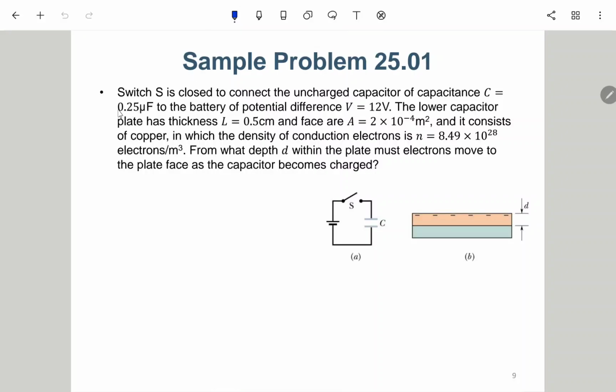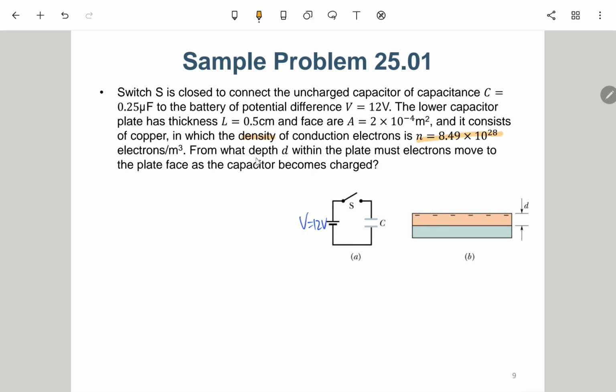Okay, so this is a 0.25 microfarad capacitor connected to a battery of potential difference V equals 12 volt. The lower capacitor plate has thickness L equals 0.5 centimeter, and face area A, and it consists of copper, in which the density of the conduction electrons is N. This is the density of the electrons.